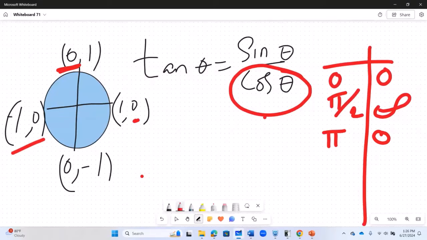And then tangent of 270, which is 3 pi over 2. Cosine of 3 pi over 2, 270, is 0. Therefore, sine divided by 0 is undefined.